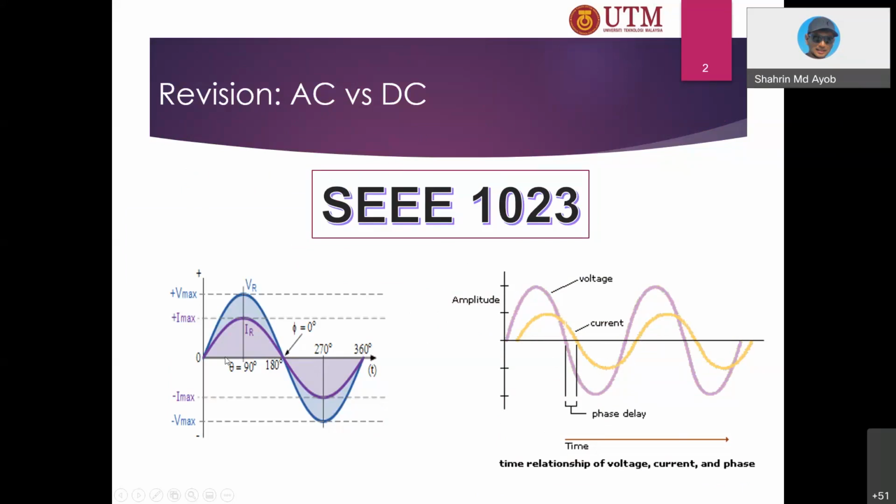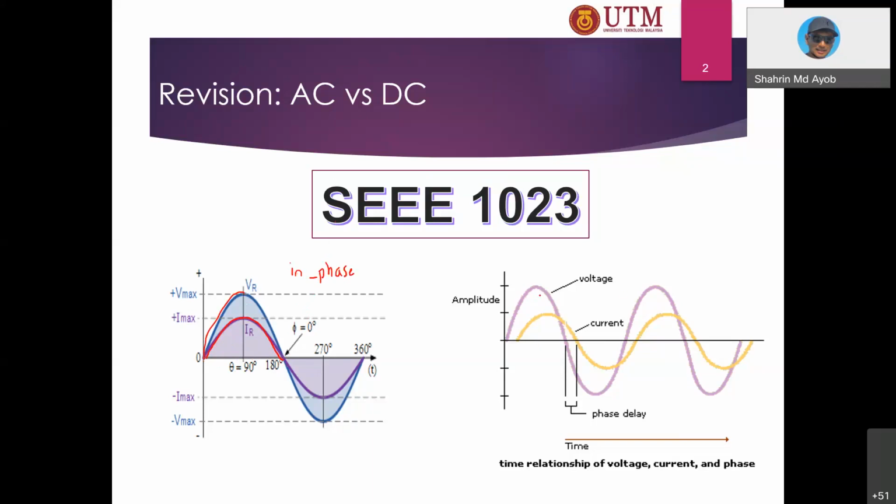For this phase, the blue one is the voltage and the purple one is the current. If you can see, there is no difference in terms of the angle, so we call this voltage and current in phase.